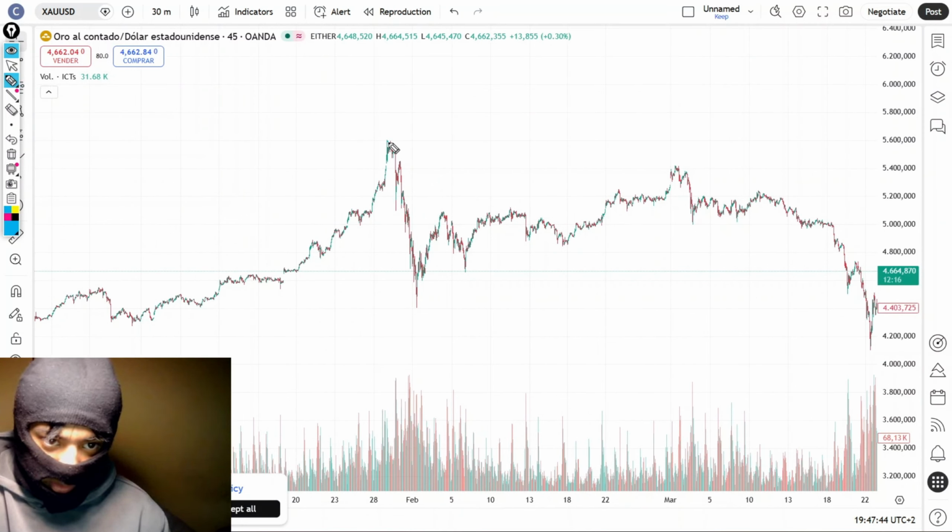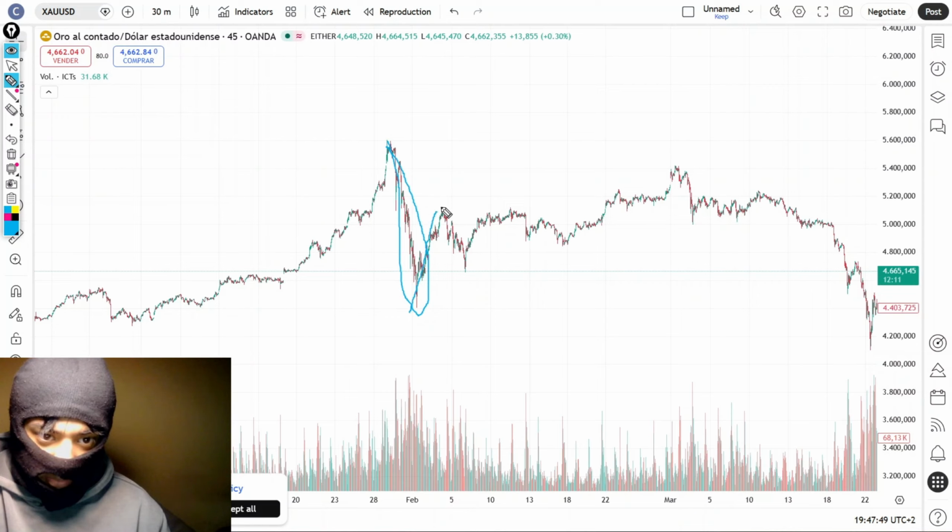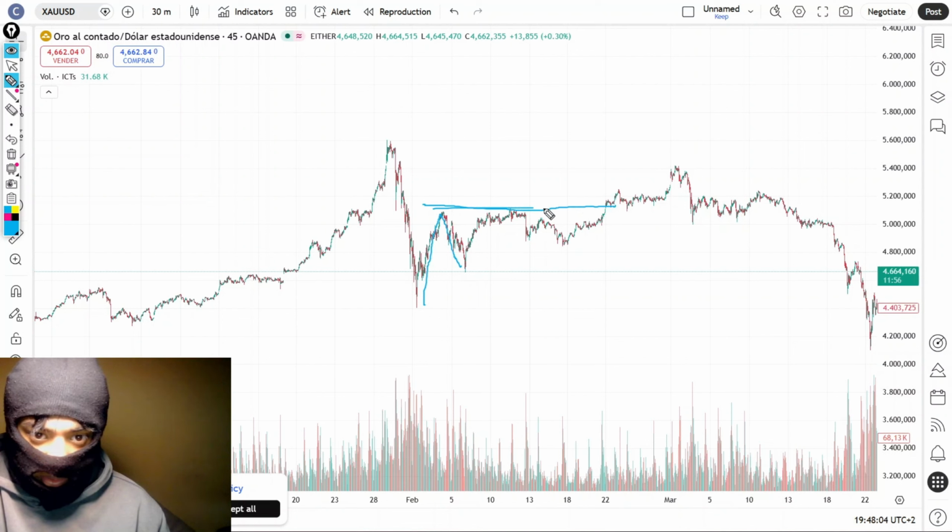Look at this huge crash, and the market recovered. If this is 100% crash, it recovered like 70%, then started to consolidate in this zone. Here it created a higher trend line zone, and in a second, all the buyers who were sitting here got cooked.